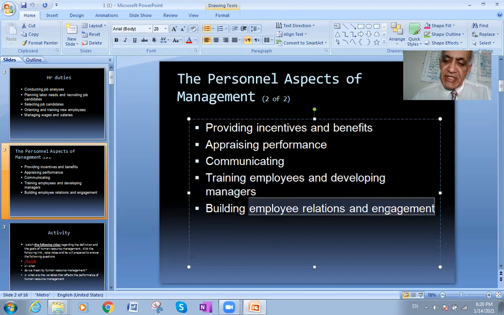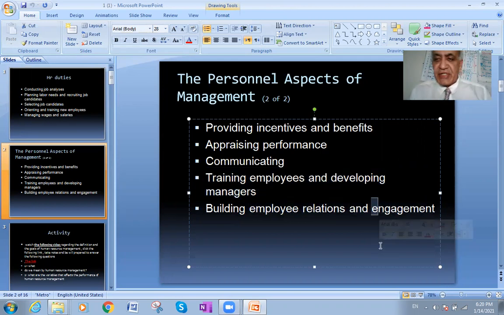Building employee relations and engagement, whether this relation is with the unions or the bargaining external bodies or entities. All this is very important to build a good relationship with the outer entities.